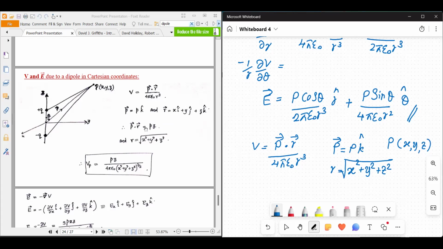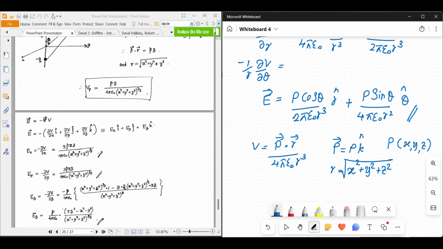So we have Pz over 4πε₀ r³. So r is this, then that to the power 3. So we can calculate the potential and electric field due to a dipole in Cartesian coordinates in this manner. And then the electric field and the potential is written in this equation.